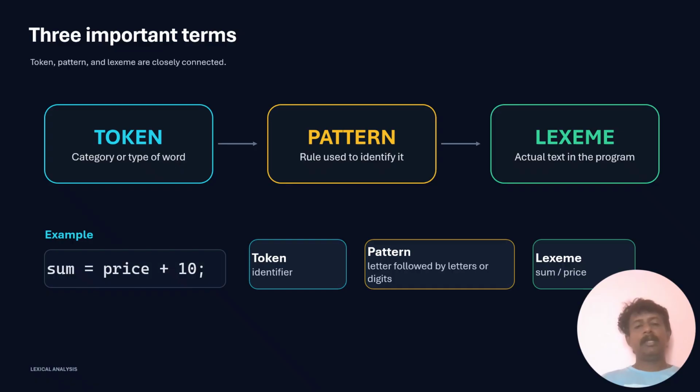Let us understand the three important terms: token, pattern, and lexeme. Token means category, pattern means rules, and lexeme means the actual words or symbols written in the program.